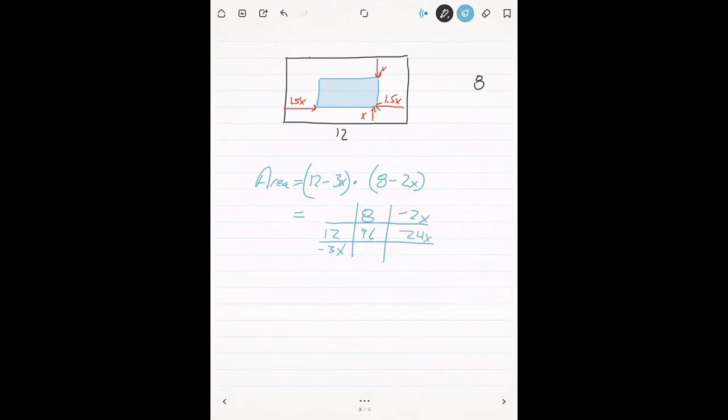Negative 3x and 8 is negative 24x. And negative 2x and negative 3x is positive 6x squared. So our answer for the area, when we multiply these polynomials out, is 6x squared. Negative 24x and negative 24x makes negative 48x plus 96.